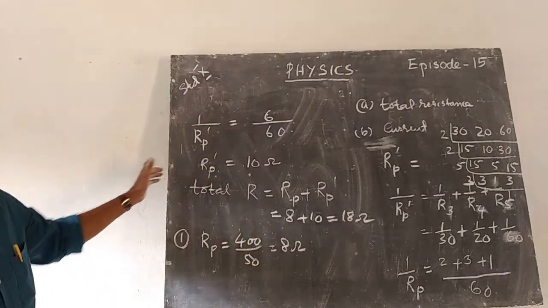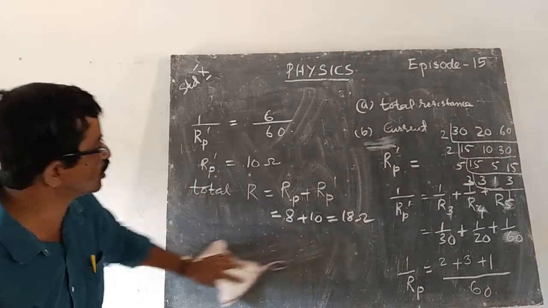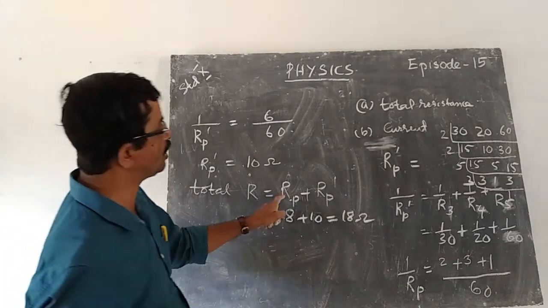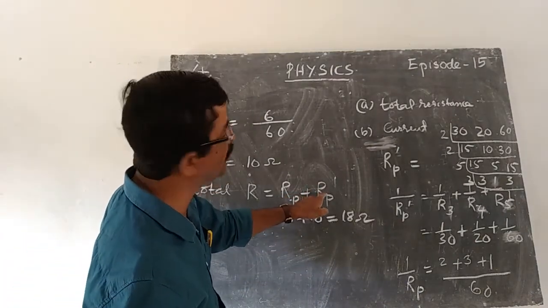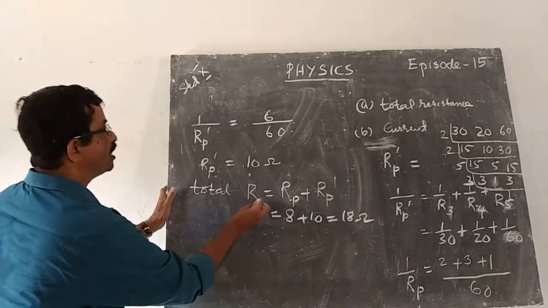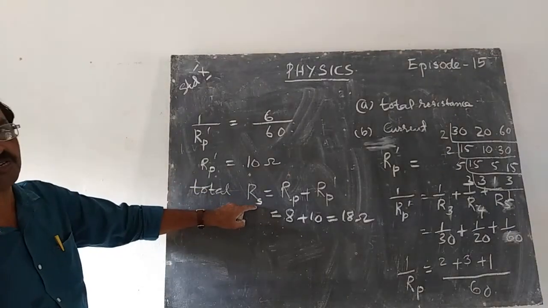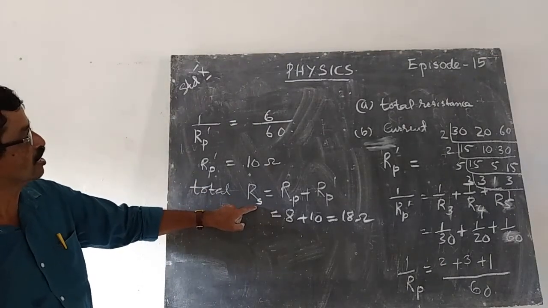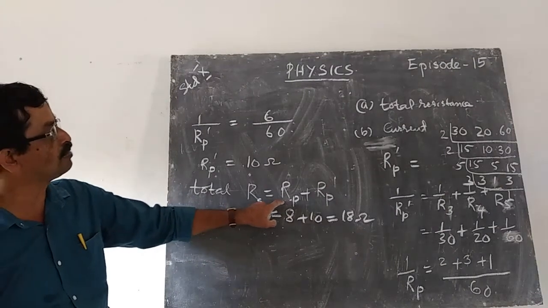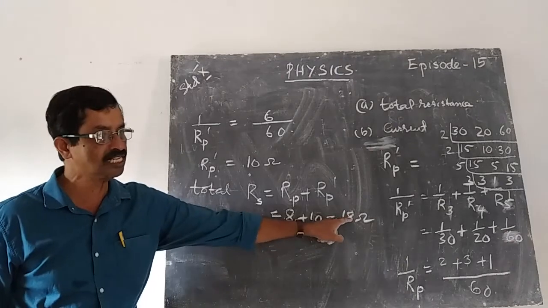That is the total resistance in the circuit because the Rp and Rp dash combination are now in series. So we can write Rs equal to Rp plus Rp dash, that is 8 plus 10, equal to 18 ohm.